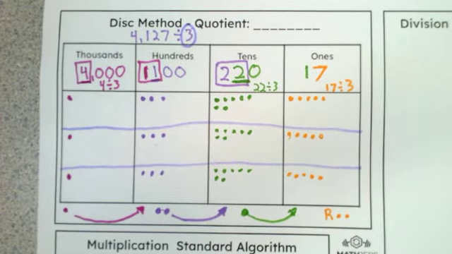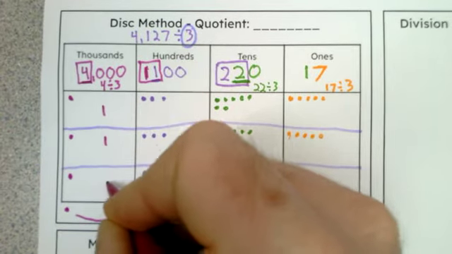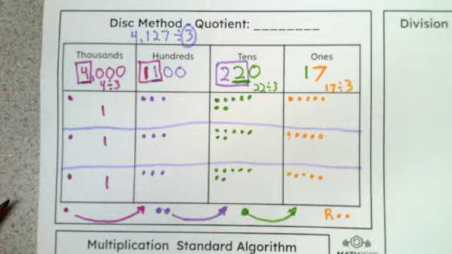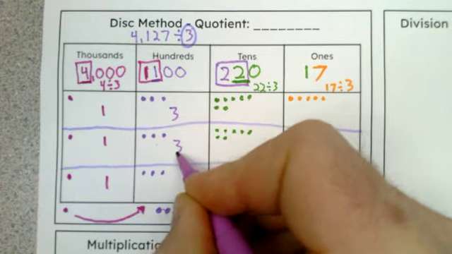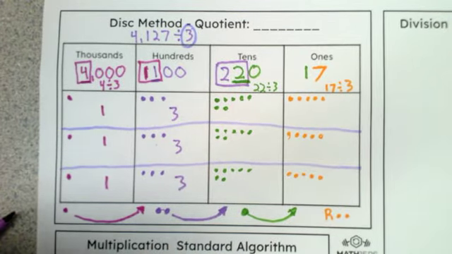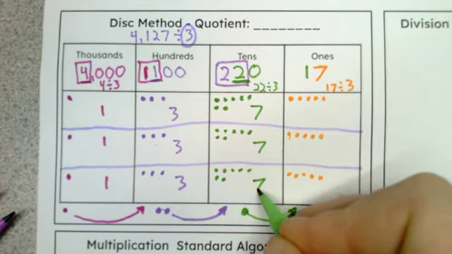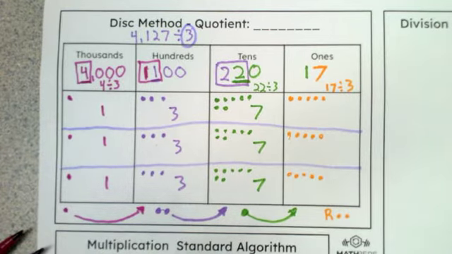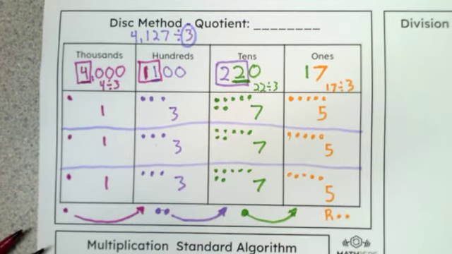In the thousands, in each group we have 1, 1, 1. Equal, right? In our hundreds, we have 3, 3, 3. In our tens, we had 7, 7, 7. And in our ones, we had 5, 5, 5.